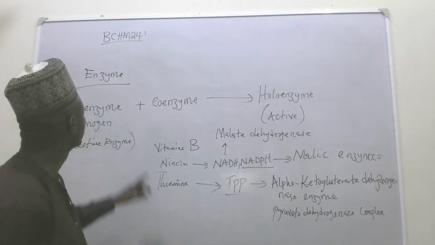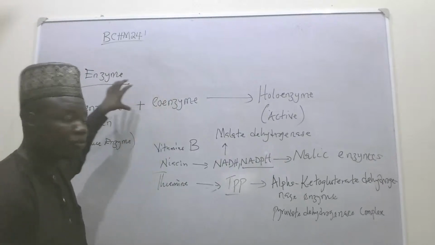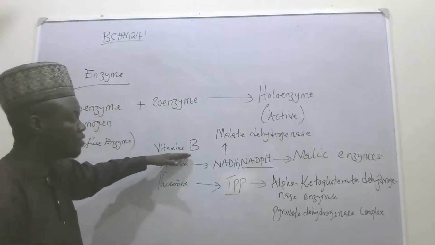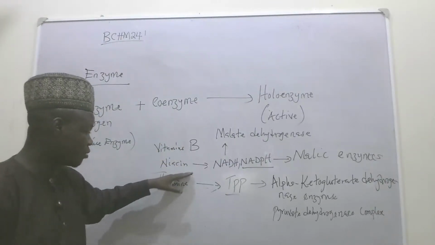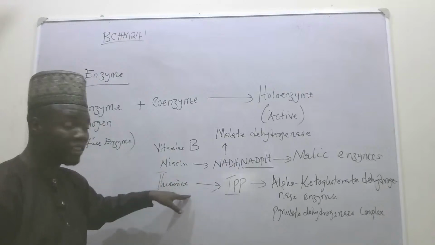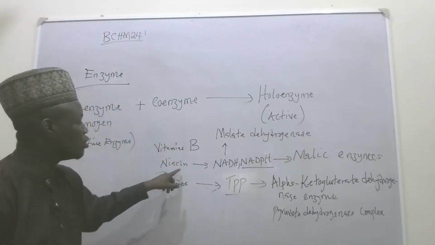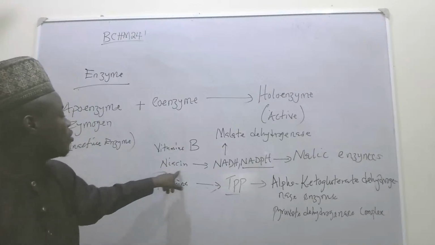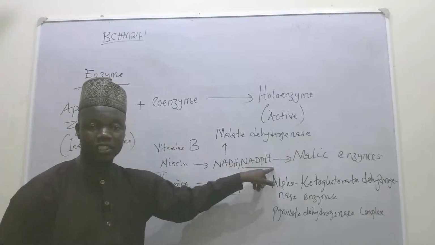So now, examples of these coenzymes that are required by the enzymes, we have vitamins. Among these vitamins, niacin is a vitamin. Thiamine is also a vitamin. So what are the examples of coenzymes produced from niacin? We have NADH and NADPH.